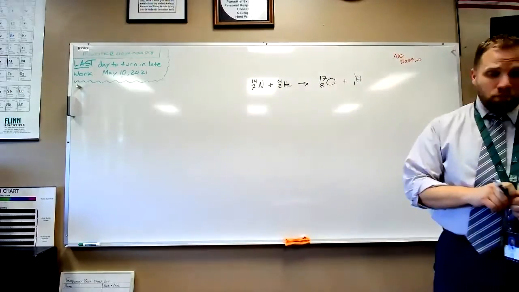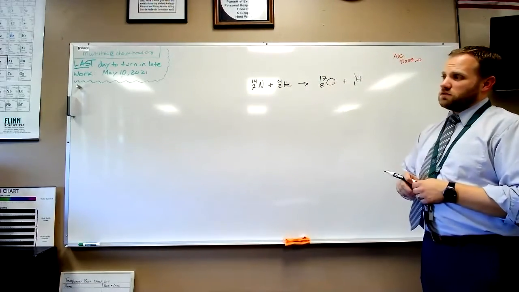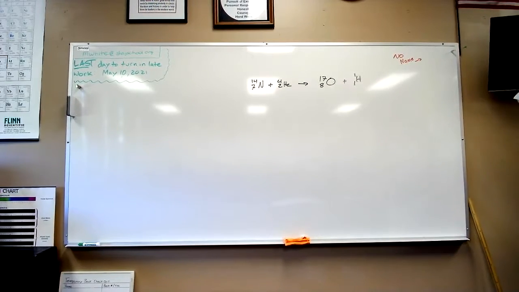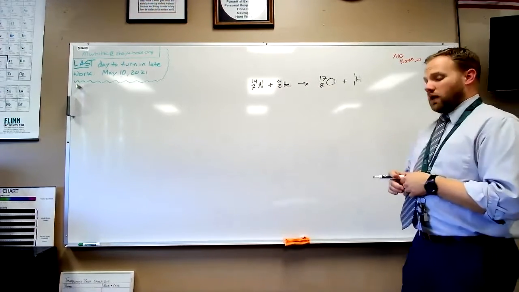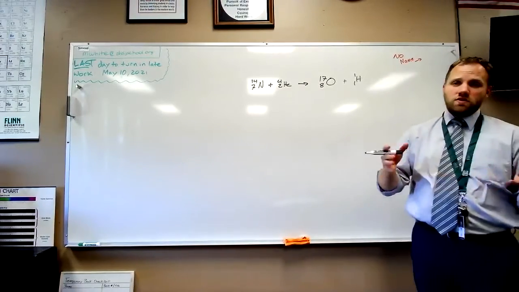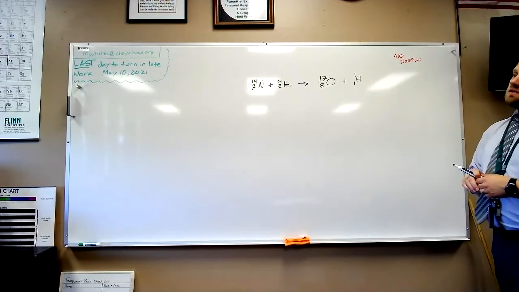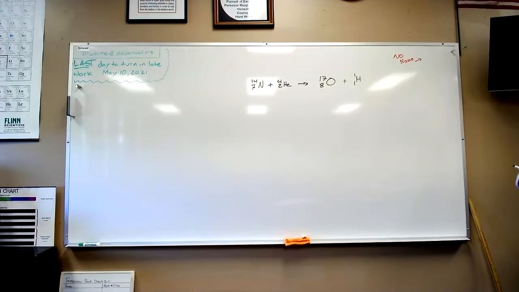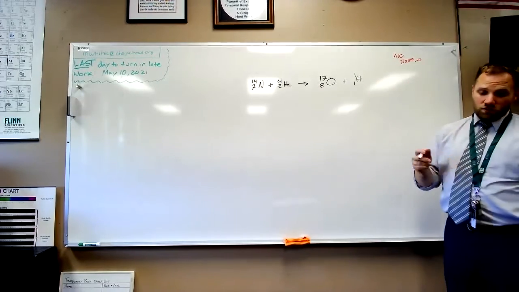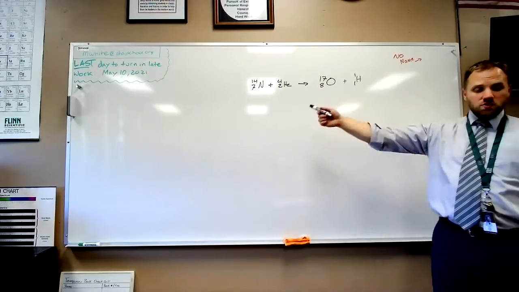Now we can do this with all sorts of different elements, but if we are dealing with larger elements, we call these the transuranium elements is what we're going to talk about. And so uranium is element 92. Anything larger than uranium, so 93 through 118 currently, 118 is the highest we have. These are called the transuranium elements, and these are all generated by humans. We don't find these in nature. And how do we do that? Well, it's induced transmutation.